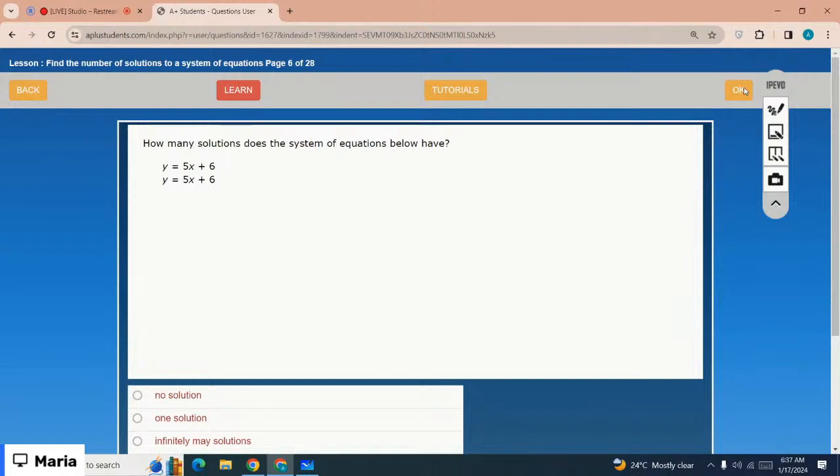That means they have infinitely many solutions, right? And the correct option is infinitely many solutions.